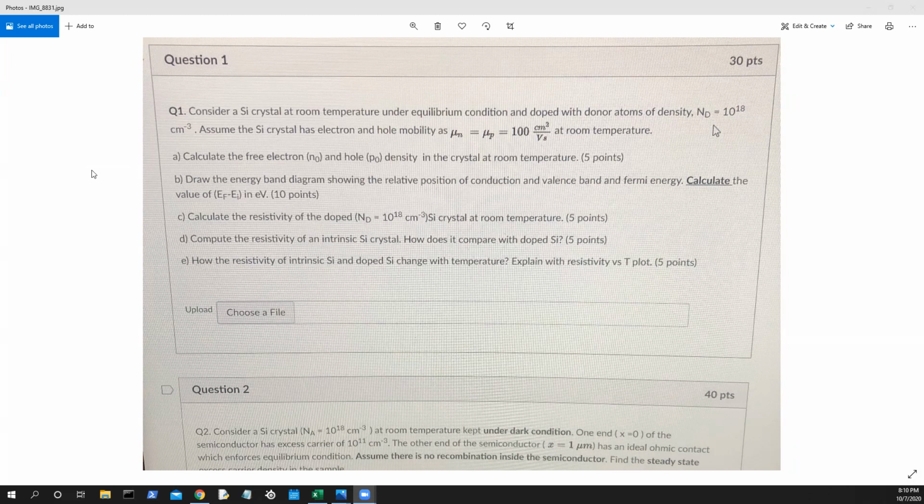If Nd was equal to, let's say, 10 to the 11th, there would be a different formula we would use. We wouldn't use the law of mass action anymore, I believe. I'm pretty sure, because the law of mass action is only viable if there's a difference in the order of magnitude of the holes and electrons of greater than or equal to 10 to the 3rd.